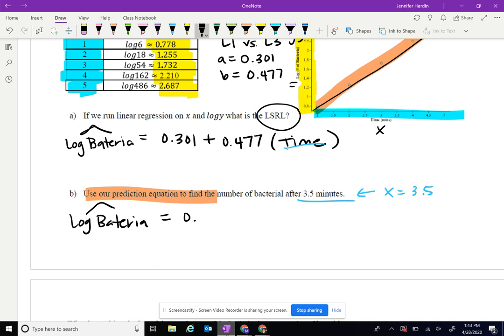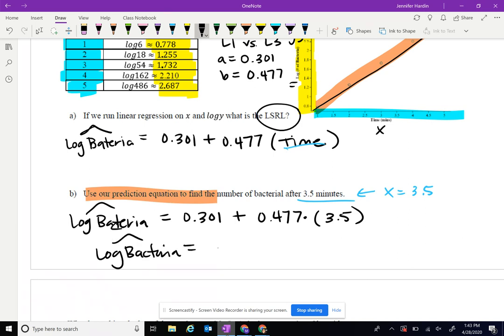Most of this is just, don't stop once you find what you've plugged in. If I plug in 3.5 and multiply first because of PEMDAS, and then add, you should get that the log of the bacteria is 1.9705.